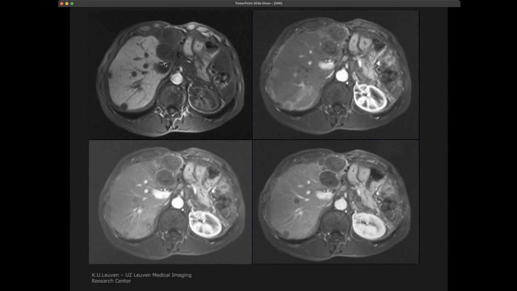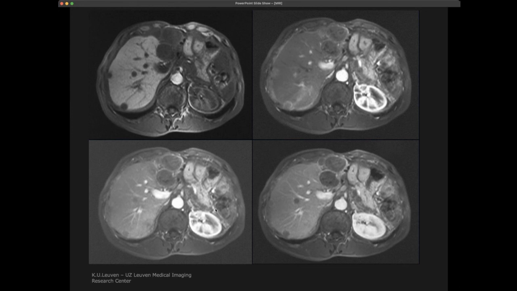But for example, we don't see contrast in these lesions in the liver. So that means that these are lesions, which is probably some kind of cancer, which is not very vascularized. And so here at another time point, we see that now the contrast is predominantly in the kidney. So that means that it's already starting to get washed out and is starting to be collected in the kidney.